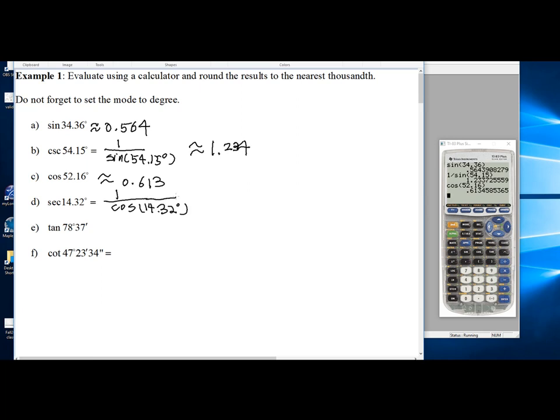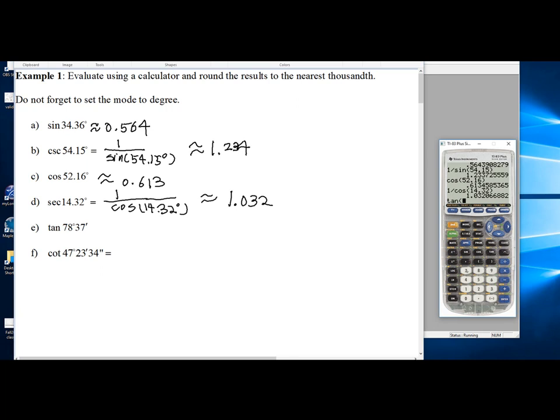So I would enter in your calculator 1 divided by cosine 14.32, and enter, and it's giving me 1.032 as an approximation.